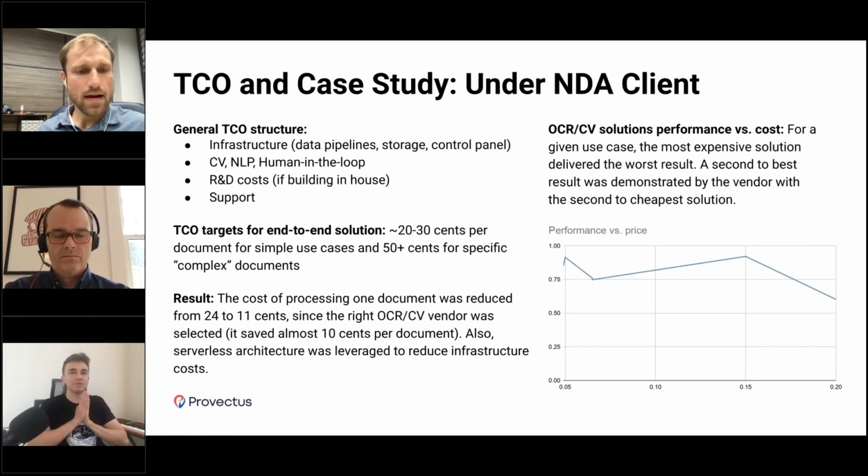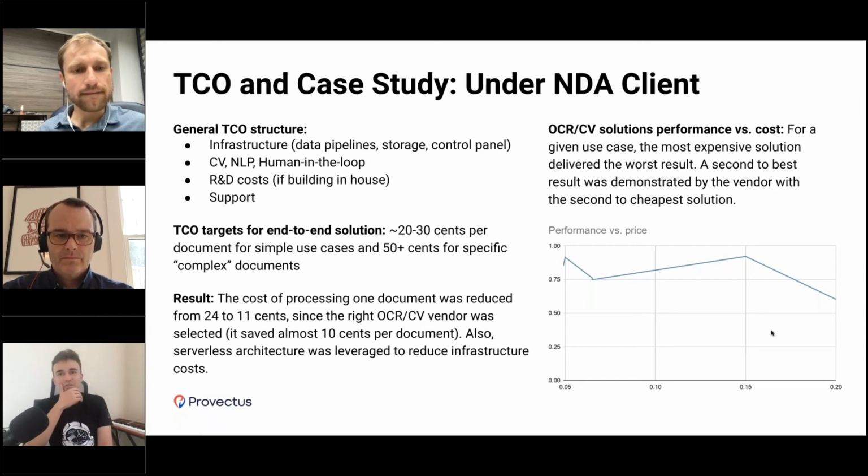For one of our clients, we were doing this evaluation method, and on the right side of the screen you can see a graph where we plotted price versus performance, where performance is the composite index that we mentioned before.